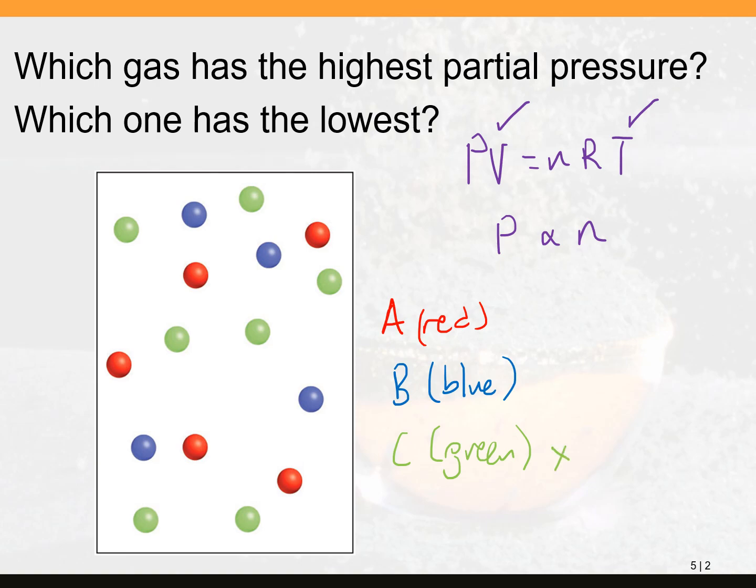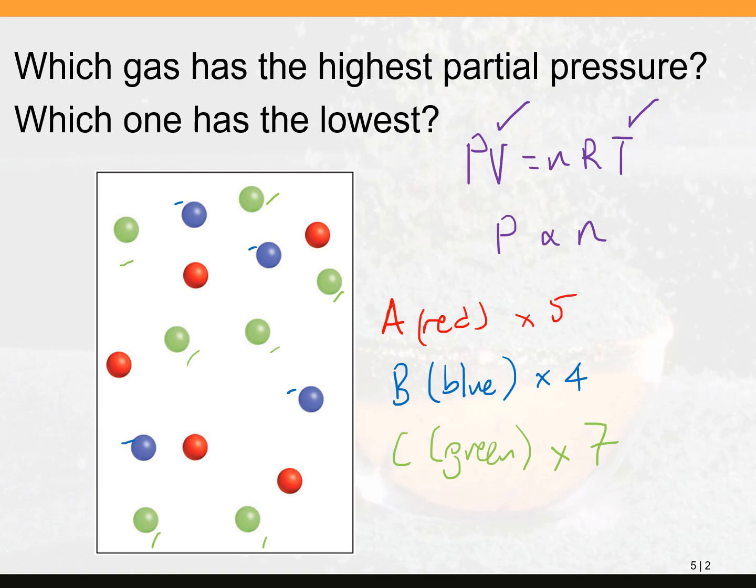Well, let's count the atoms of each, or molecules of each. 1, 2, 3, 4, 5, 6, 7. We got 7 green, or molecules of C. Counting blue, we have 1, 2, 3, 4 of them. And counting red, we have 1, 2, 3, 4, 5 of them.